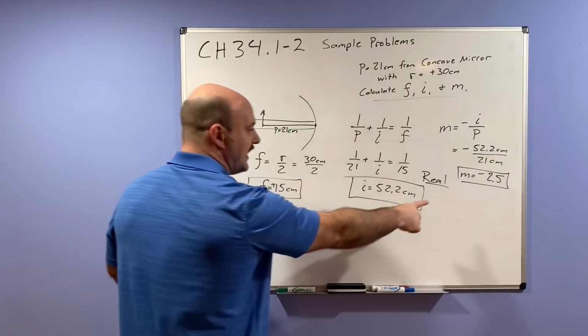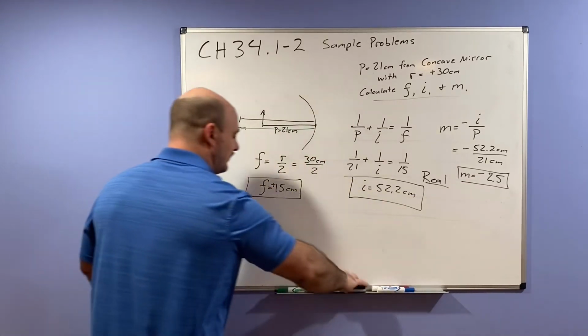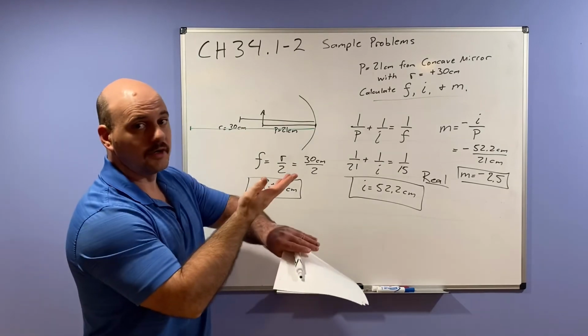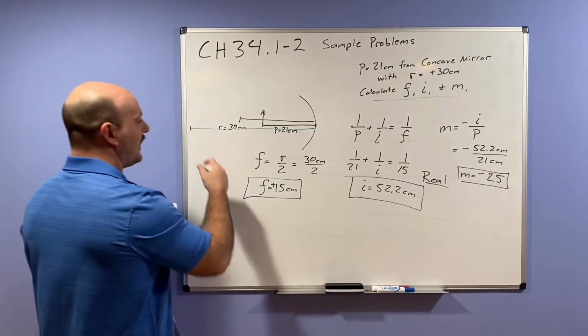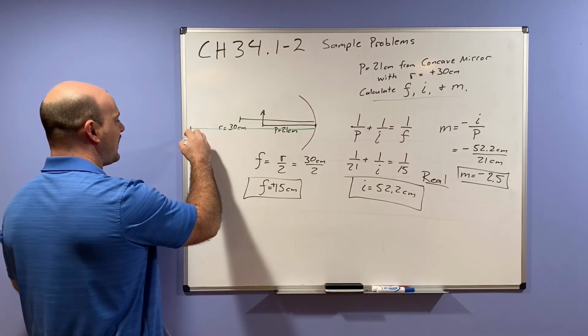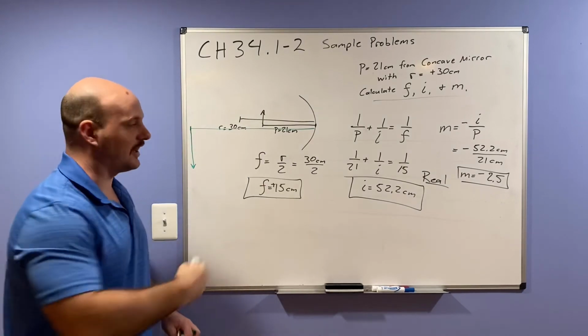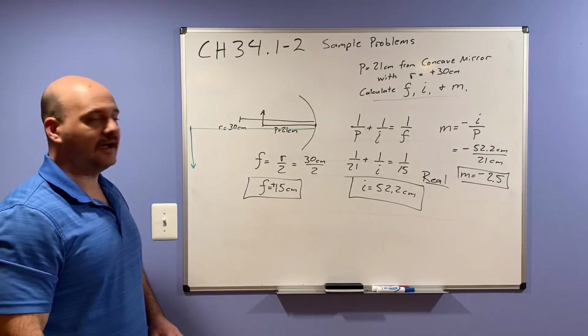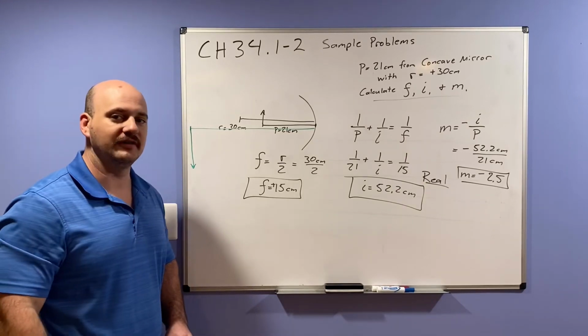The negative magnification means that the image is inverted. And its value is 2.5, so it's 2.5 times the size of the object. So if the object is 1 meter in height, then the image will be 2.5 meters in height, and it will be inverted.